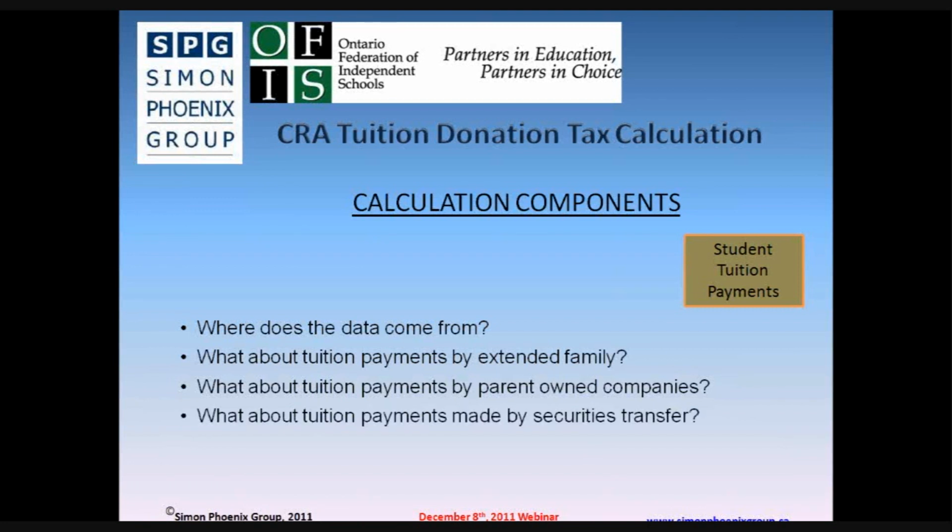What about tuition payments made by securities transfer? This is something that's relatively recent, where CRA does allow the donation of securities to be transferred from the donor to the recipient school, and those transfers need to be receipted at 100%.